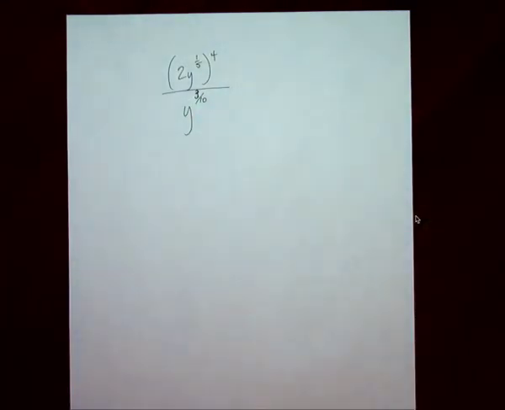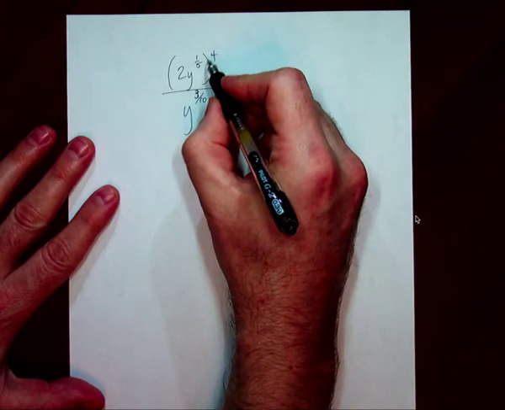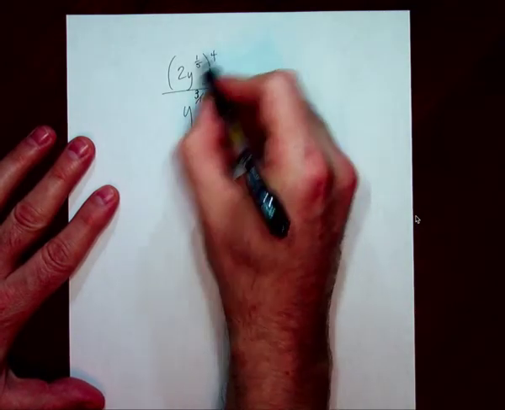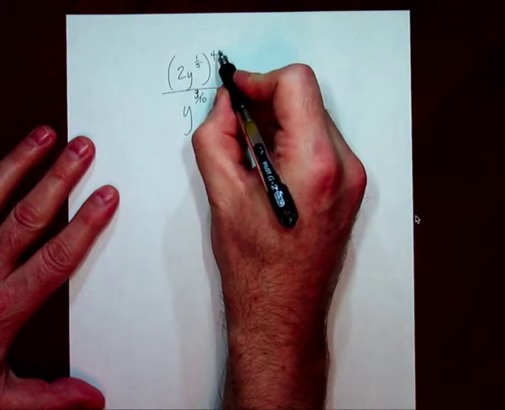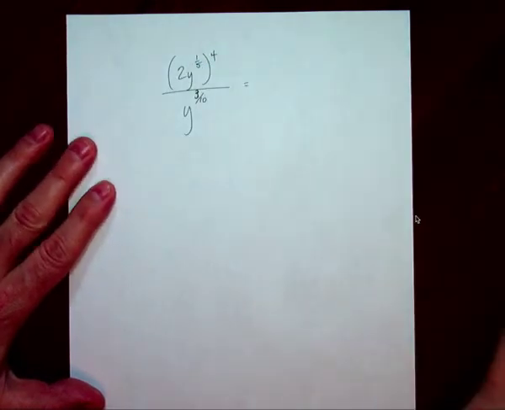needs to be freed up from those parentheses, and the only way to free it up is to apply the rule that says that with a product raised to a power, you have to apply that exponent to every factor.